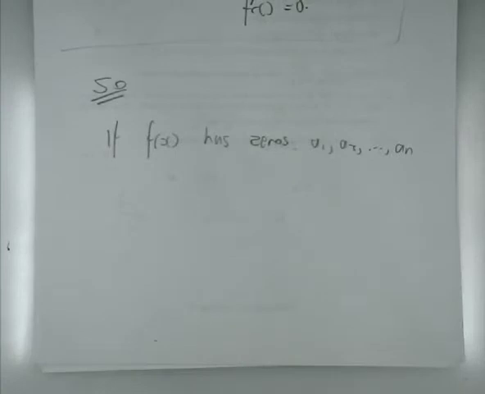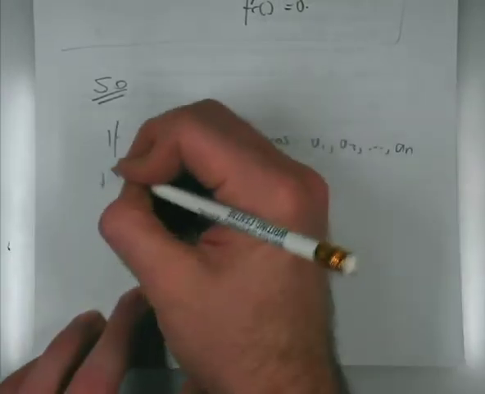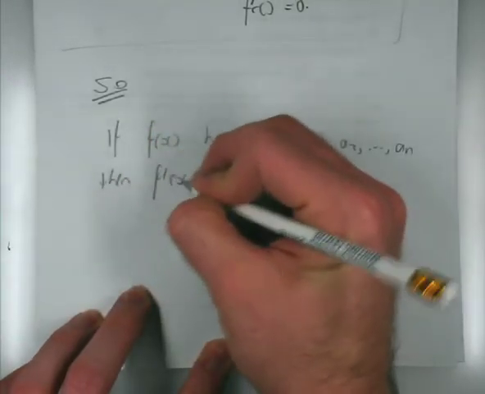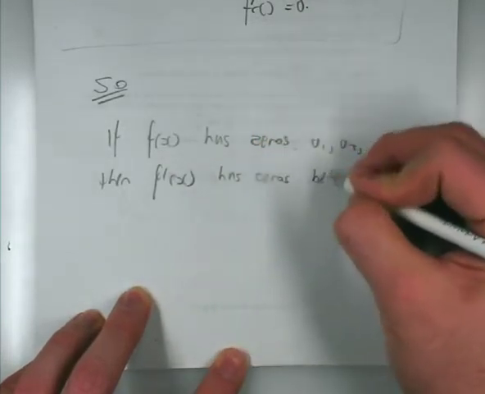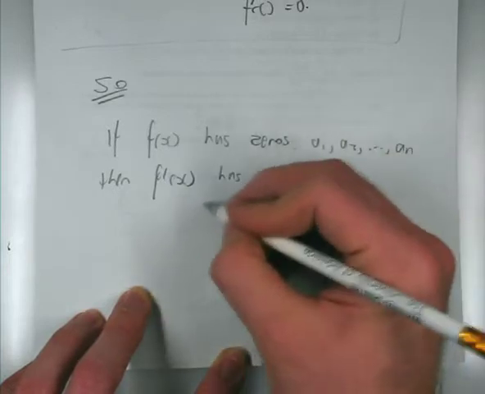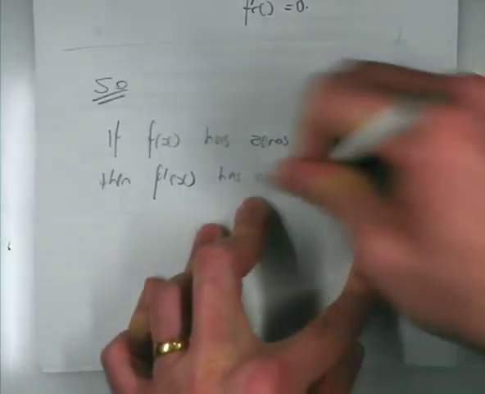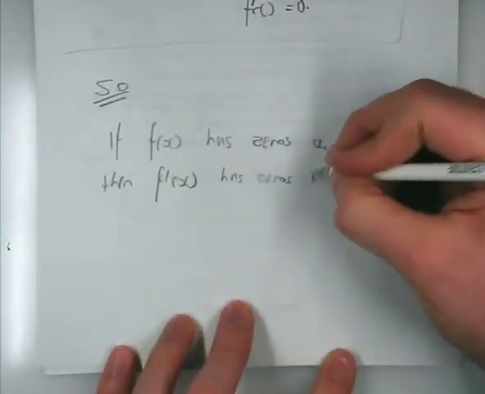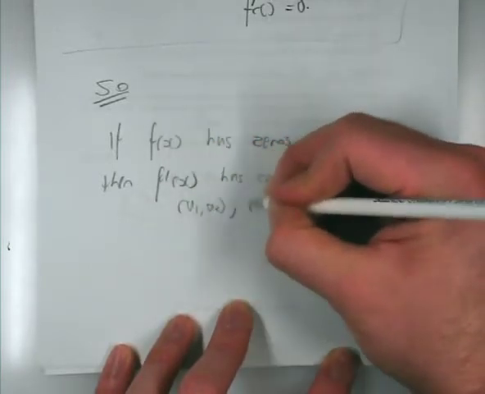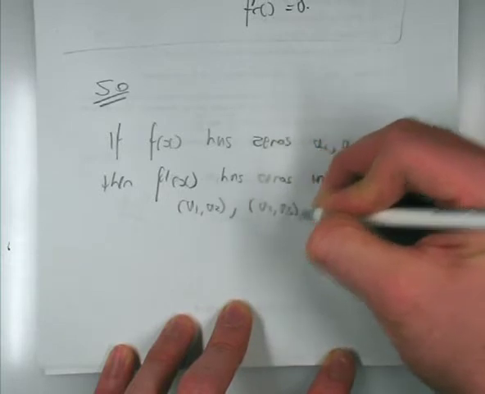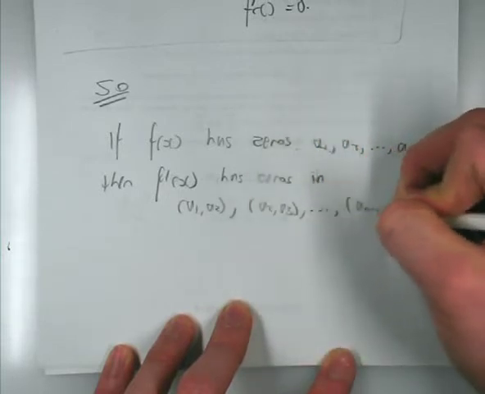So if it has zeros at those points, then f dash x has zeros between, in these intervals from a1 to a2, from a2 to a3, a(n minus 1) to an.